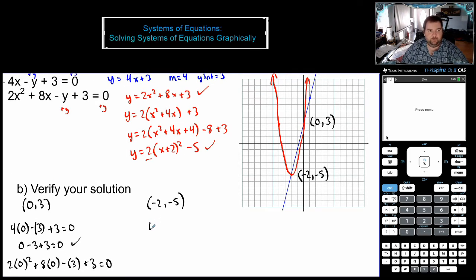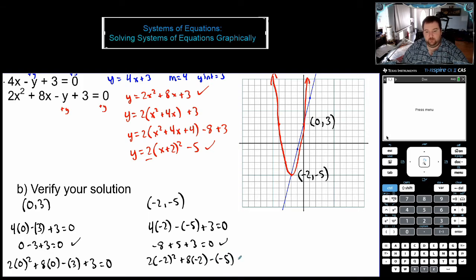All right, let's try this other point. Make sure it's a solution of both. So we have 4 times -2 minus -5 plus 3 equals 0. Here we have -8 plus 5 plus 3 equals 0. -8 plus 8 is 0. Yes, that works. And finally, 2 times -2 squared plus 8 times -2 minus -5 plus 3 equals 0.